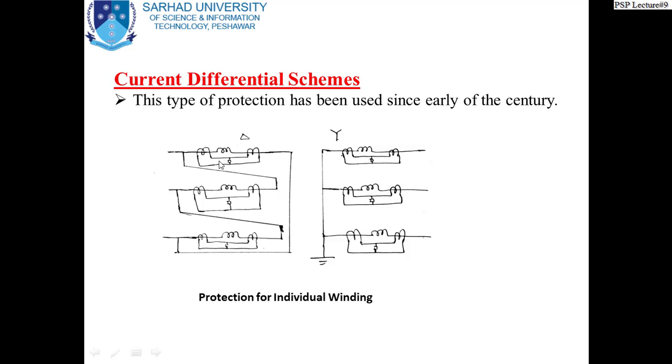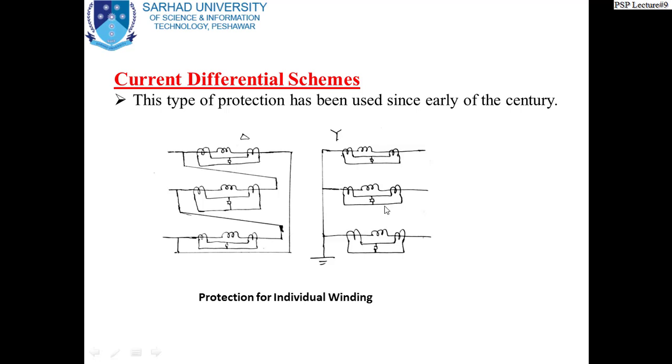This is for the first phase, this is for the second phase, this is for the third phase on the primary side, and this is, of course, on the secondary side. We have three different schemes of protection, one for each phase.